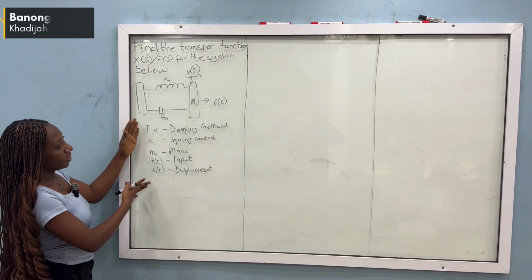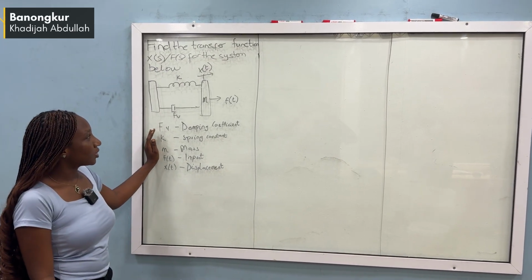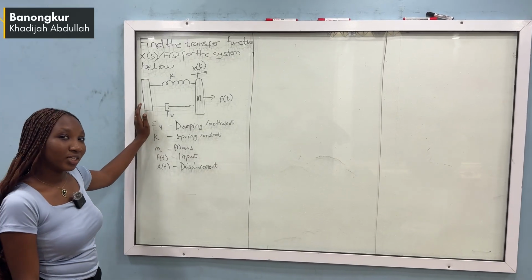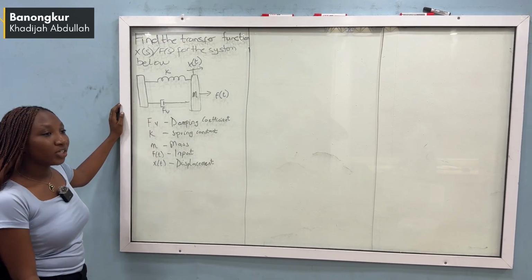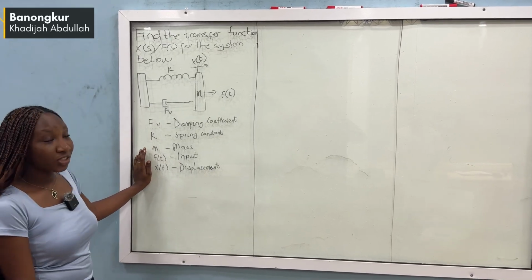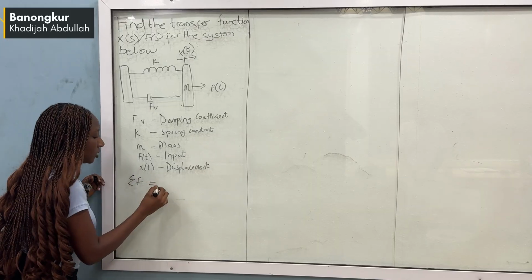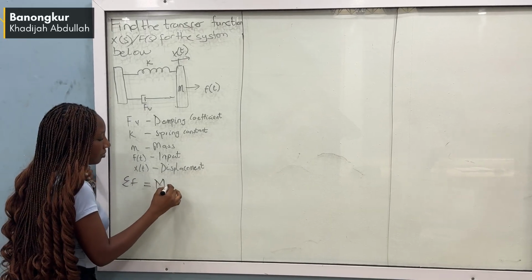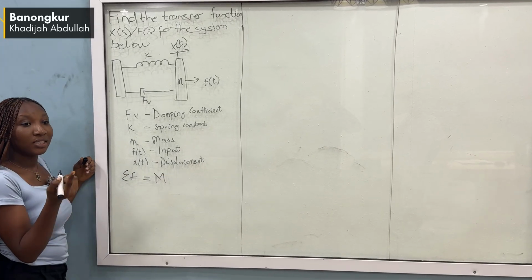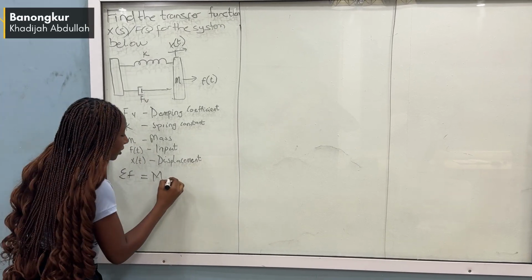So from the information provided, I'm going to talk about the forces acting on the system. According to Newton's second law, the sum of forces acting on the system is equal to the mass times the acceleration, and the acceleration is the second derivative of the displacement.